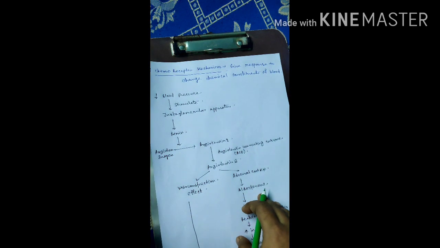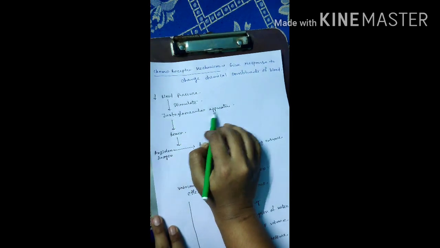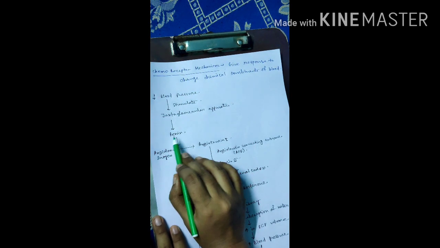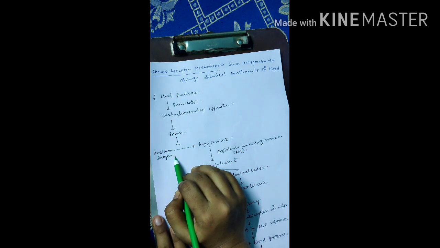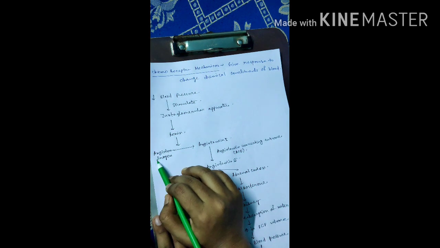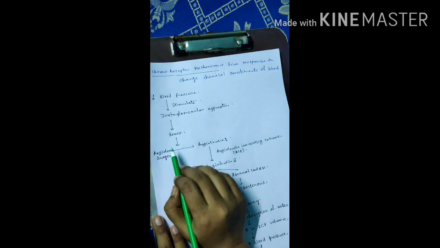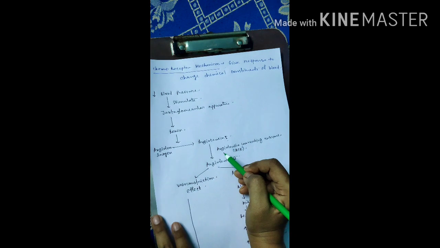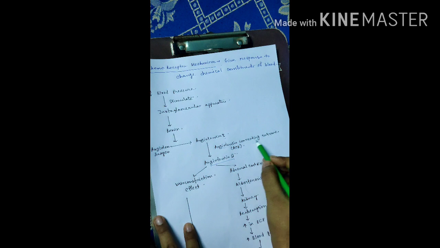When blood pressure is decreased, it stimulates the juxtaglomerular apparatus, and from here renin is released. This renin converts the angiotensinogen, which is released from the liver, to angiotensin 1, and this angiotensin 1 is then converted to angiotensin 2 by the help of angiotensin converting enzyme, meaning ACE.